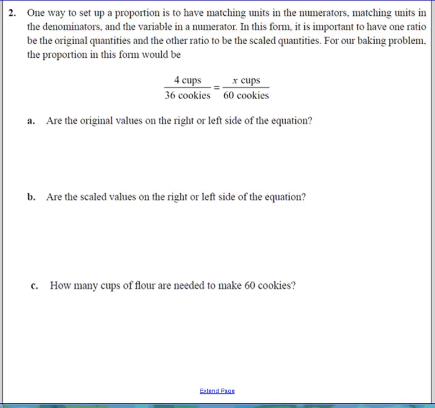So the original values in this equation, are they on the right side or the left side? The original values would be the ones that actually come from the recipe, and so the original values are on the left-hand side.